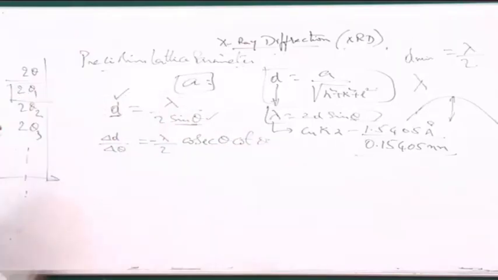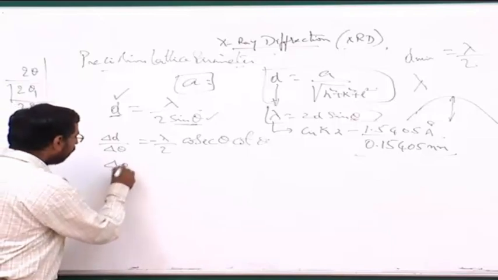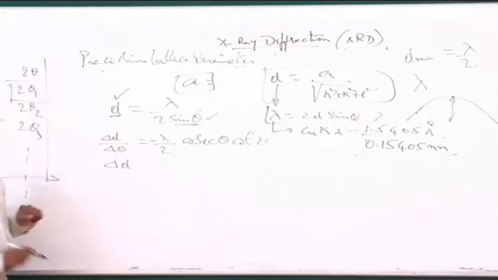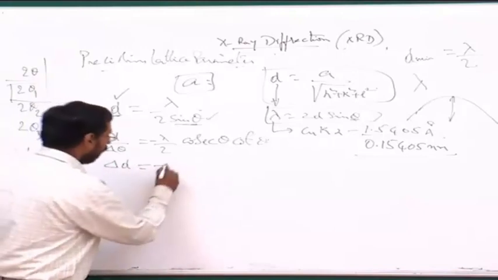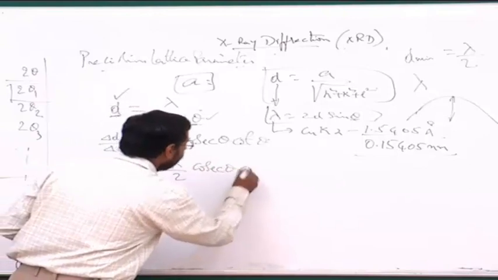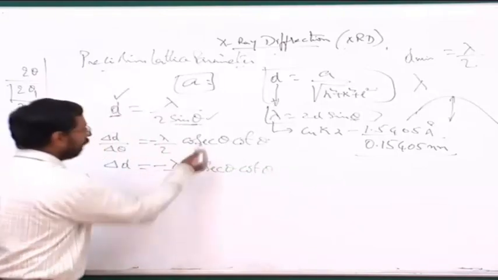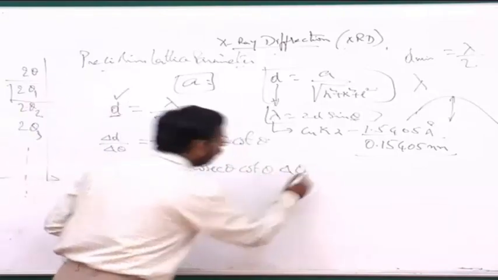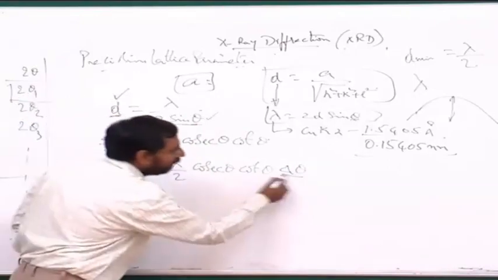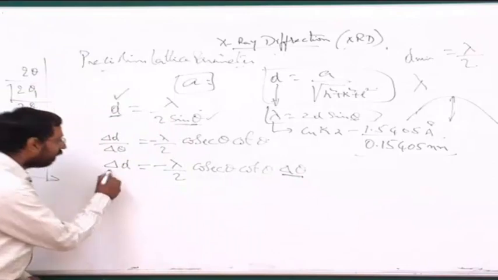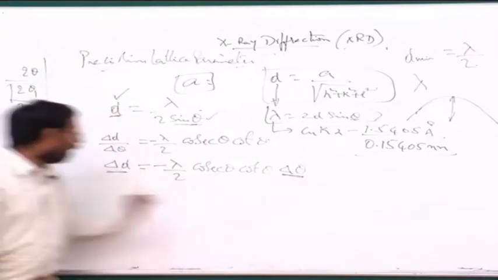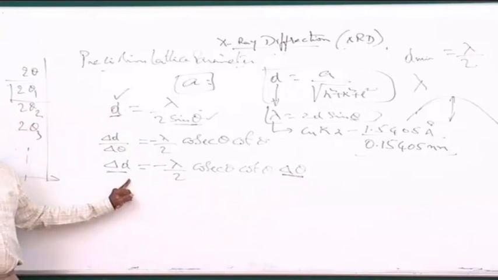right? So now delta d, which is a variation in d, or error in d if I want to call it, can be written as minus lambda by 2 into cosecant theta cot theta into delta theta. This formula tells you that for a given error in theta, I have a certain error in d.